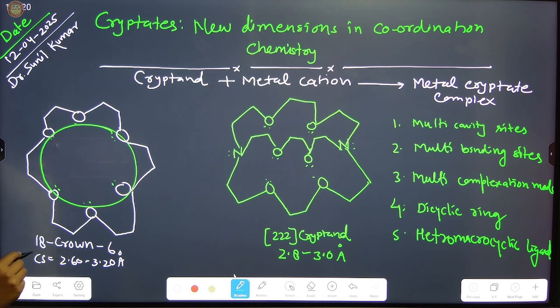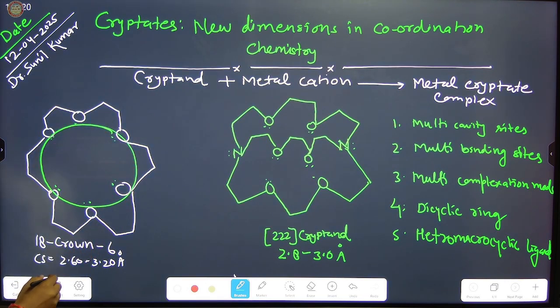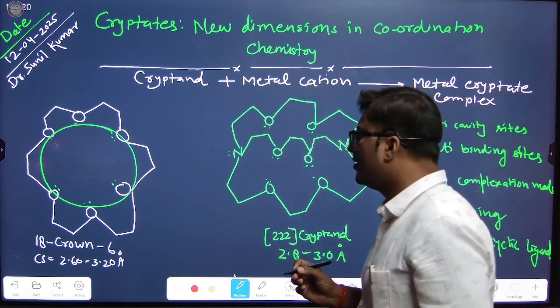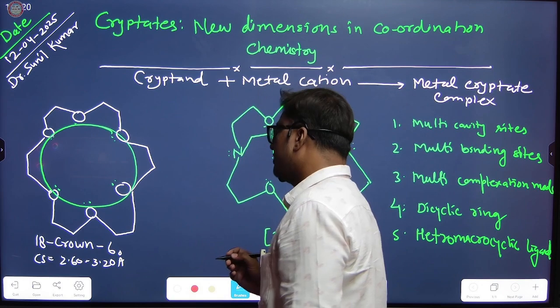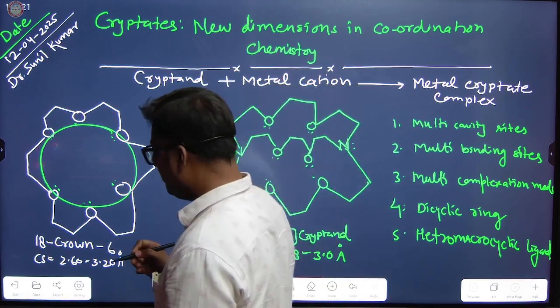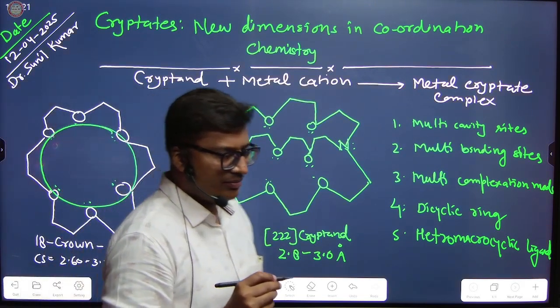As its name suggests, 18 crown 6 means this ring contains a total of 18 atoms, and out of 18, 6 are oxygen atoms, right? So the oxygen atom has a pair of electrons, that is called lone pairs, right? So this lone pair can be donated to cations, especially metal cations.